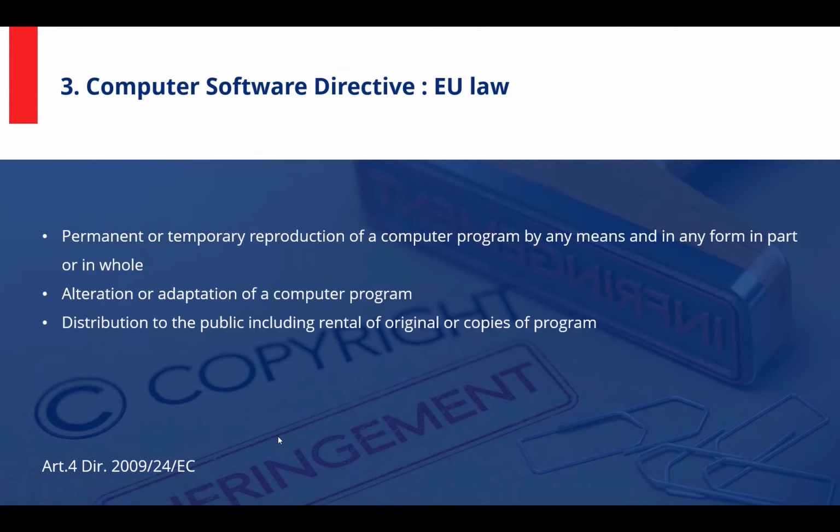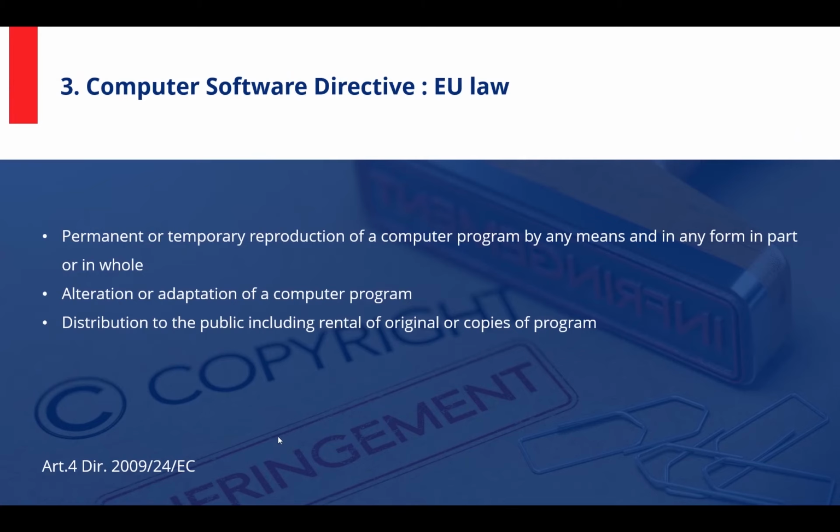So let's look at what is an infringement. Again, there's quite a lot of misunderstanding here. Permanent or temporary reproduction of a computer program by any means, in any form, in part or in whole. Alteration or adaptation. So for instance, compilation from source code to object code, that very act in itself is an act of infringement.